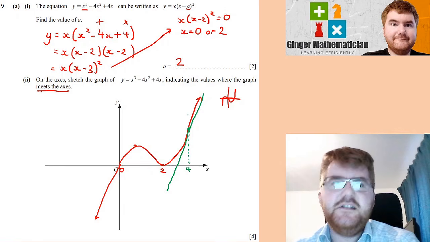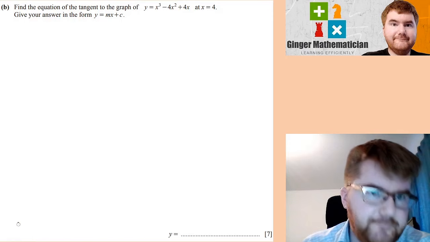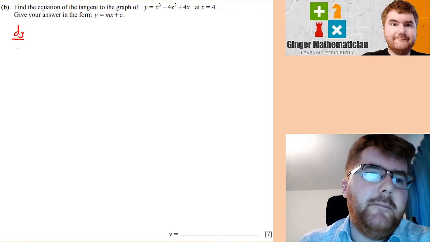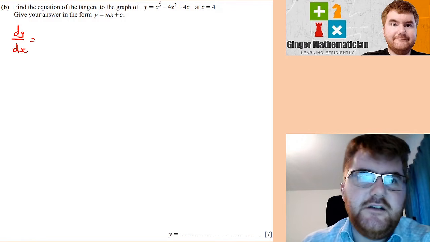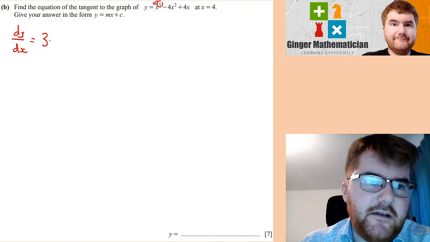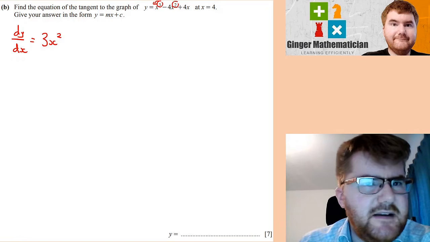So the way we do this is we use some differentiation. This is where it's embedded. First of all, we need to differentiate the function. So we get dy by dx. Remember, we take the 3, bring it to the front, reduce it by 1. So we get 3x squared. We do the same procedure here. I'm speeding up slightly now.